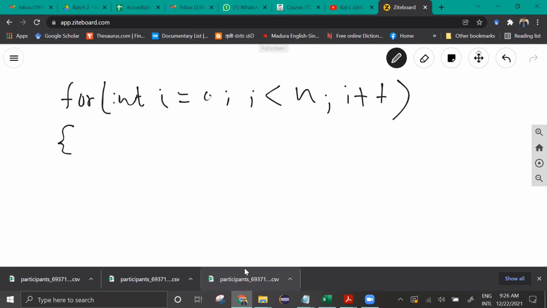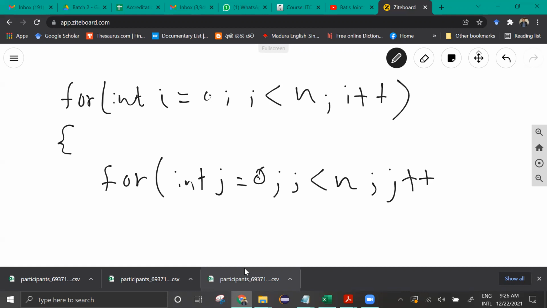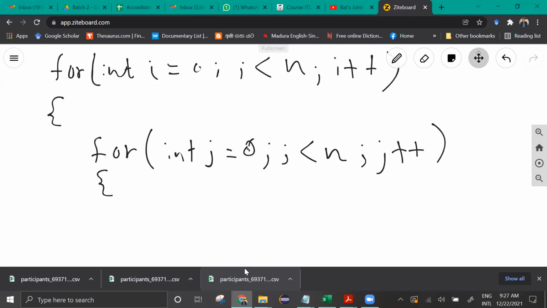Then we have a for loop nested, int j goes up to N, j plus plus.